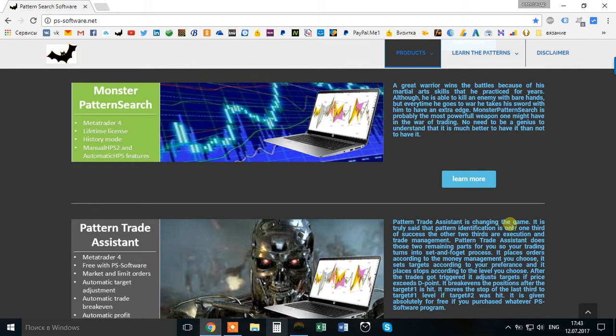I will open your eyes if I say that every pair is different. Some pairs are better traded with bats, some other pairs are better traded with ciphers, and they are also sensitive to the size of the pattern. Some pairs are better traded with small patterns, other pairs are better traded with larger patterns, and so forth.